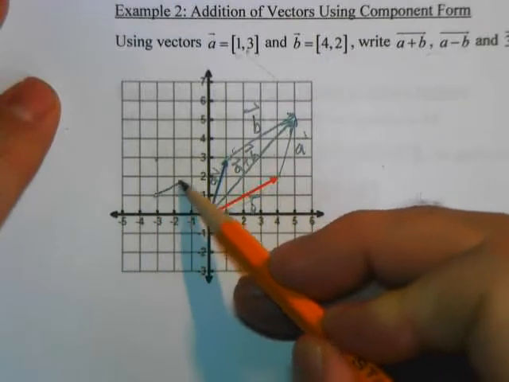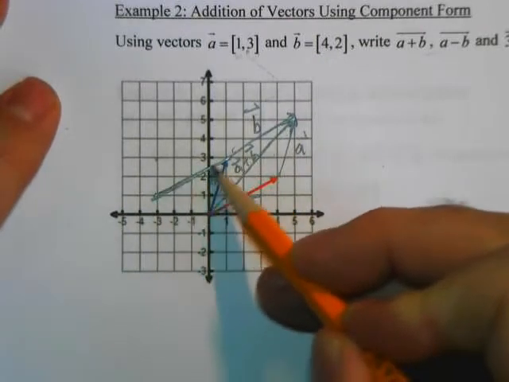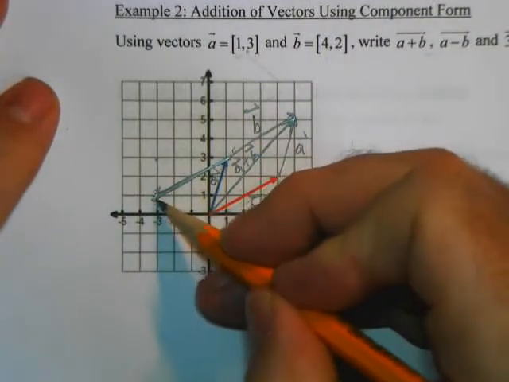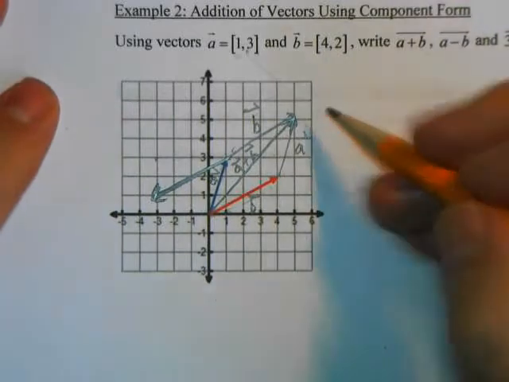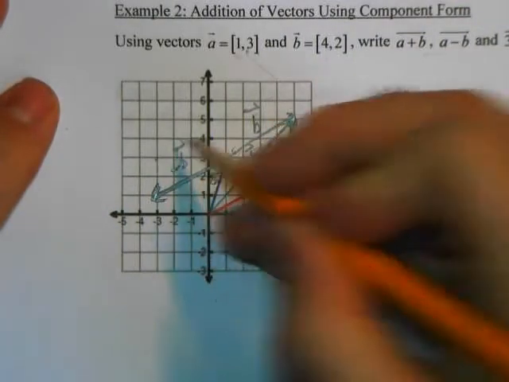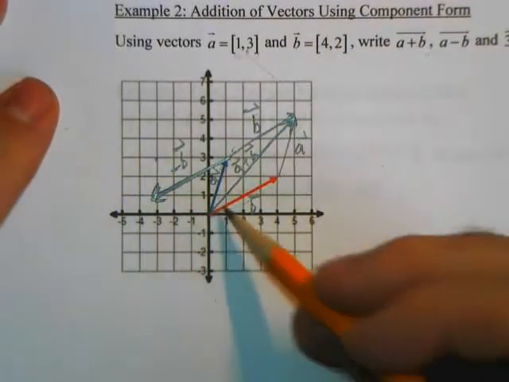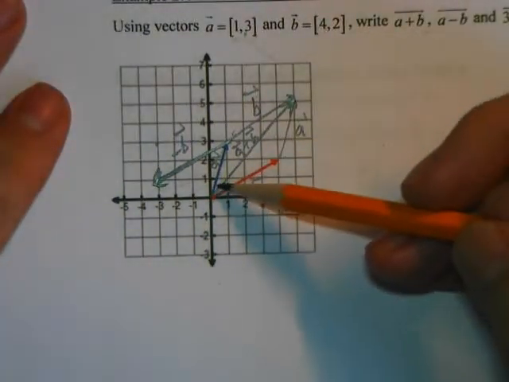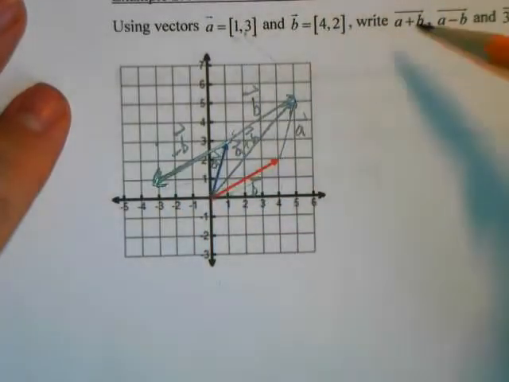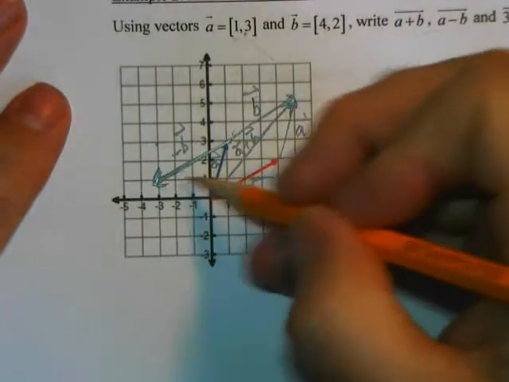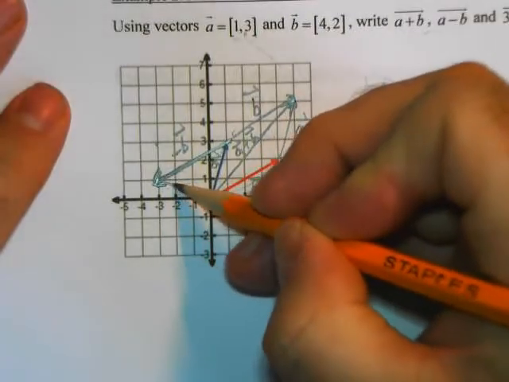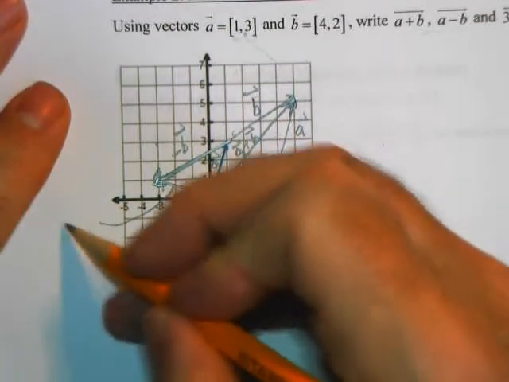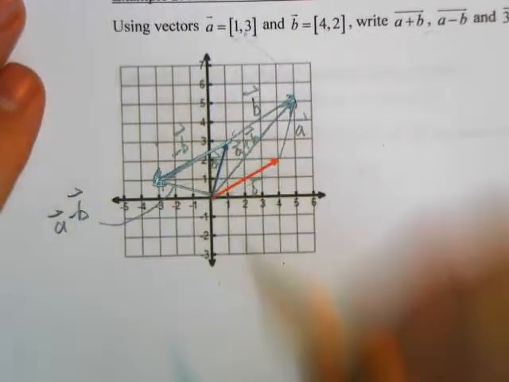So this vector here, and when you put negative B and positive B together, it should look like it's parallel, or at least in the same line. So this would be negative B. Okay, and now using my graph, I can add A and negative B, which is the same as A minus B. So that would be connecting these two up. So that would be A minus B there.